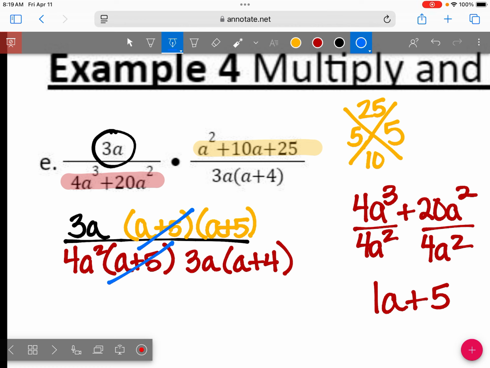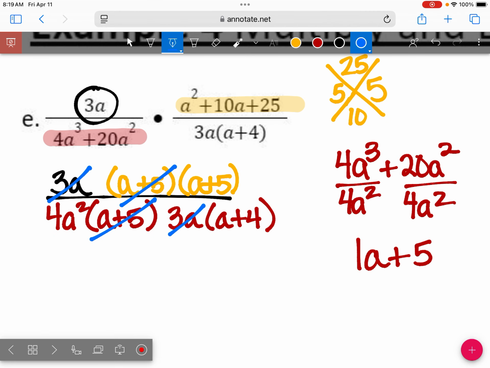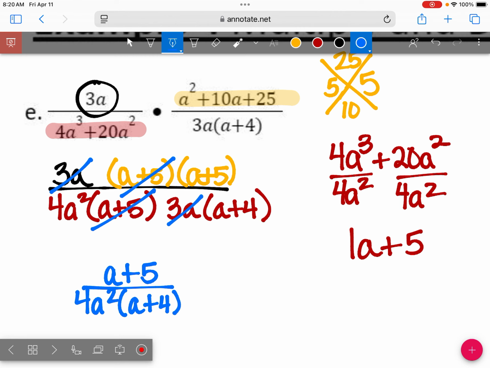What'd you say? 3a, yeah. Anything else? Is that it? Okay. So my final answer, I have an a plus 5 upstairs. Downstairs, I have 4a squared and an a plus 4. And that is my final answer.